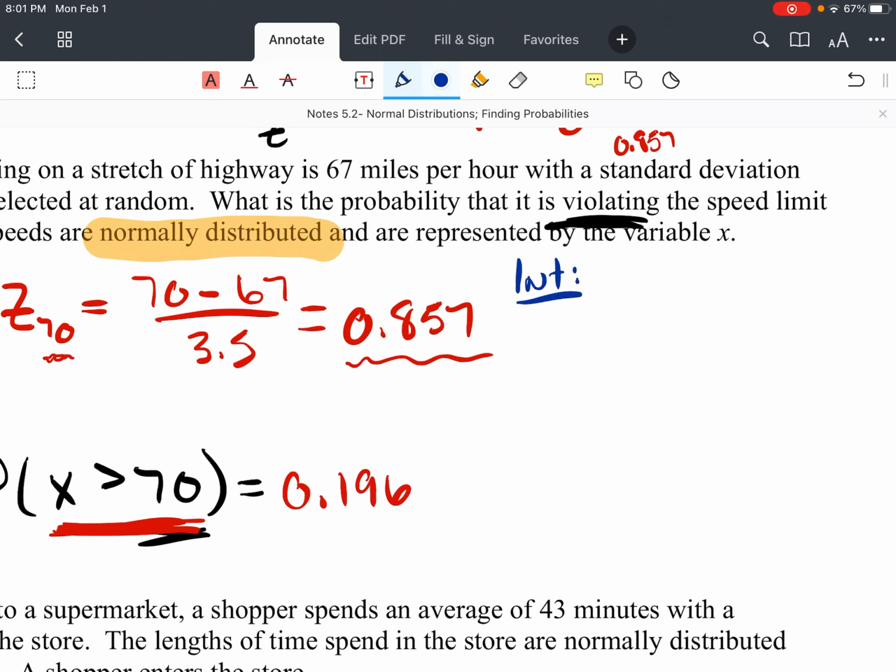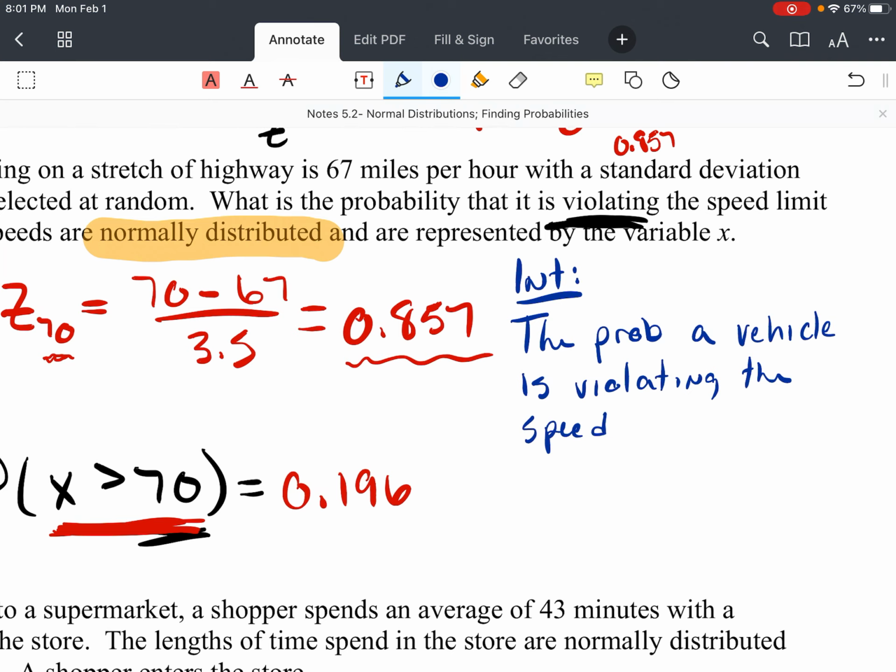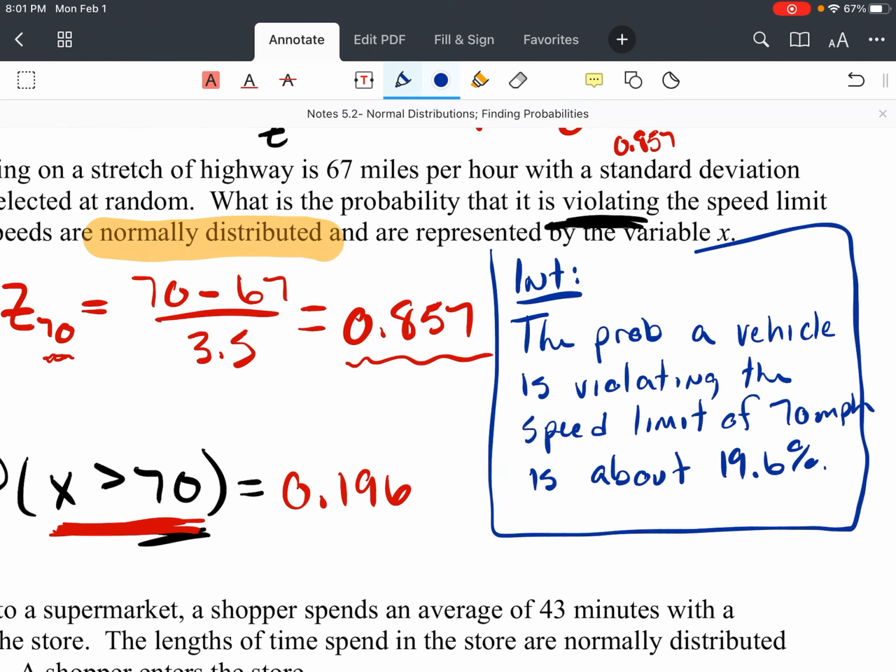We do want to be able to interpret these, and we're going to be doing more and more interpretations. So what we could say is the probability a vehicle is violating the speed limit of 70 miles per hour is about 19.6%.